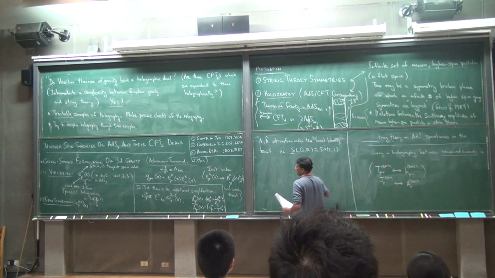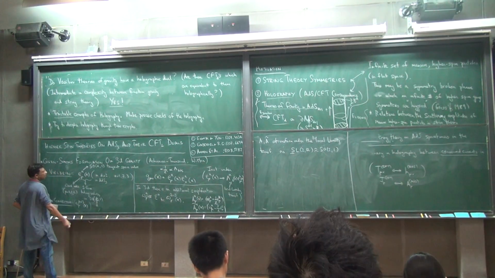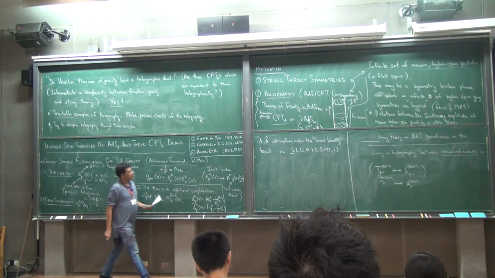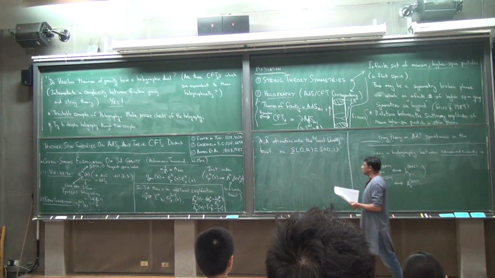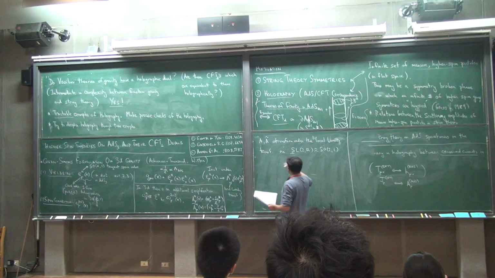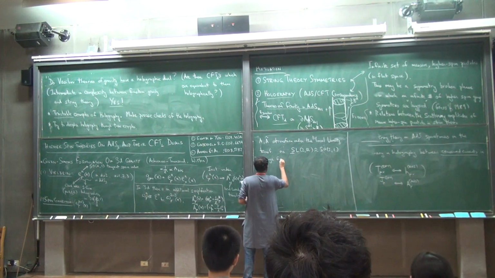So remember, in our case, we are in AdS3, so the tangent space is SO(2,1). So these transform as SL2R valued gauge fields.